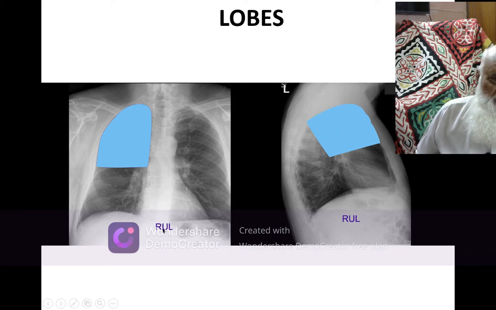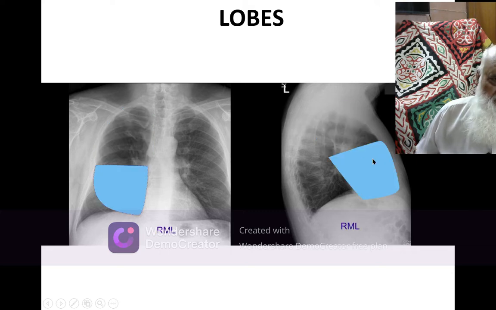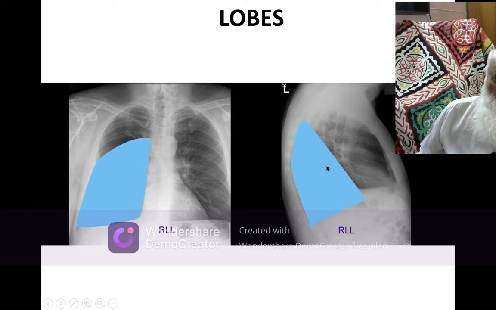On the right side, there is the right upper lobe, and the right upper lobe on the lateral view, and the right middle lobe. It is difficult because of the fissures; the minor fissure and the major fissure will describe it rather.